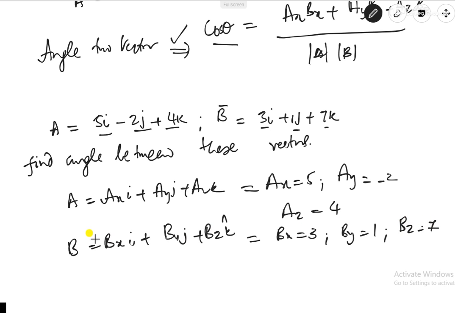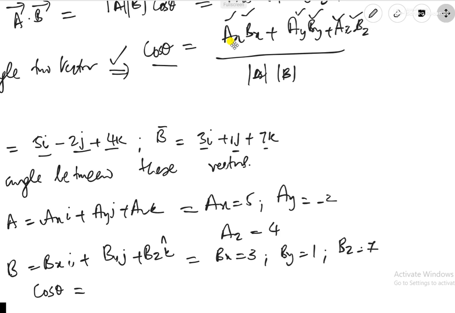To find the angle, cos theta, what you have to do is use this formula: Ax Bx plus Ay By plus Az Bz. So we have to substitute in this one.